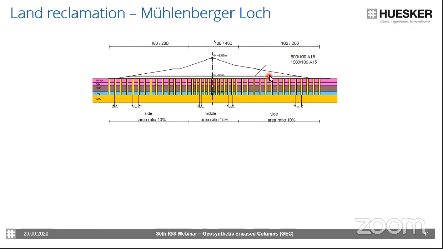The basal reinforcement which has been used was one layer of 1,000 kilonewtons and one layer of 500 kilonewtons, because this time, it was I think 15 years ago, the technique didn't allow the production of high strength materials higher than 1,000, but today we would really recommend to install one layer of 1,500 kilonewtons.